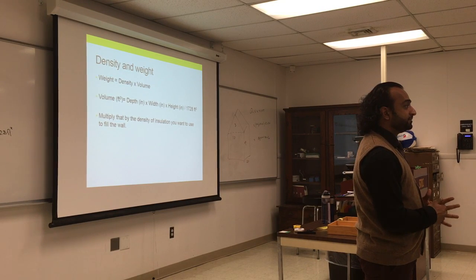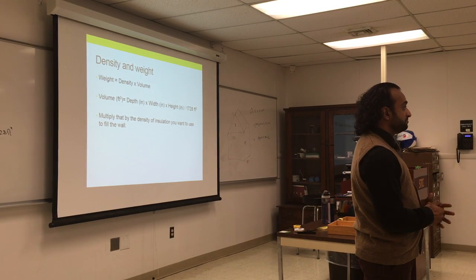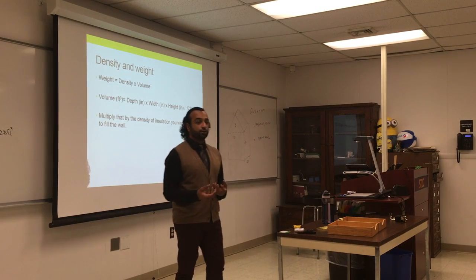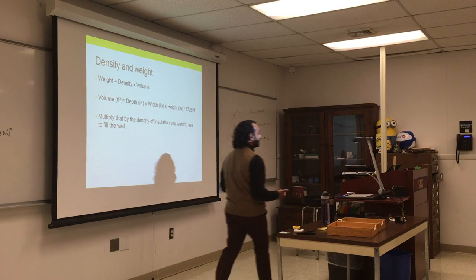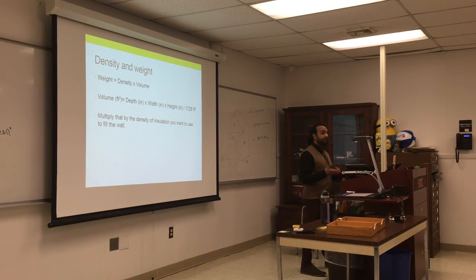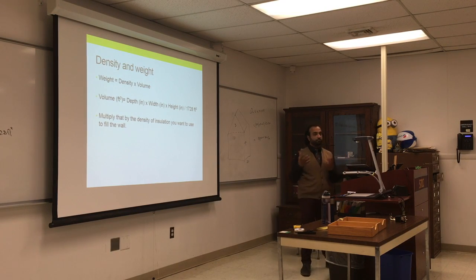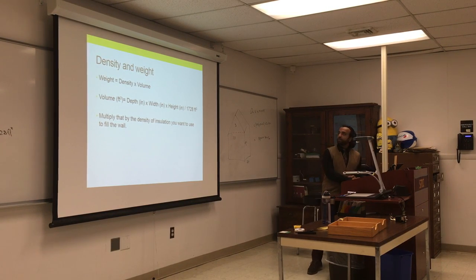Make sense? So you know how much you're gonna put in that wall. And again, most loose insulation gets fluffed out and pumped using a fan or a motor or an air agitator to pump it into the cavity.